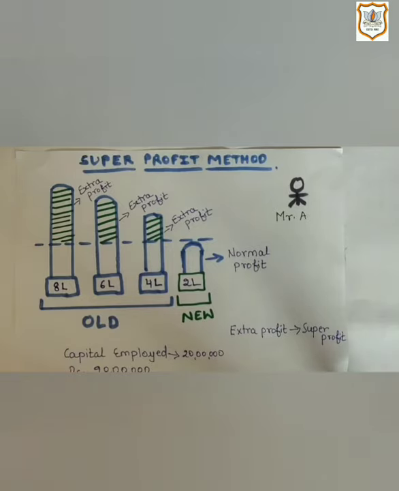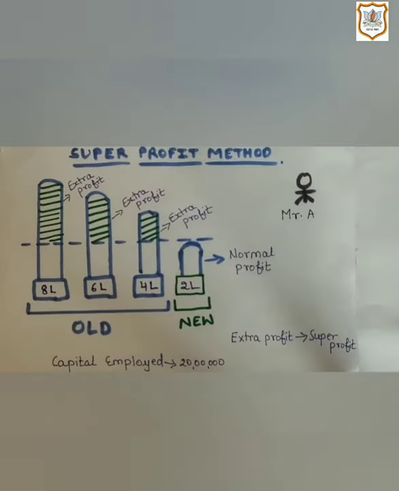So to do that, he has to own a business. So he has two options, either to purchase an old existing business or create a new business from nothing. Means he can invest the capital and start his own new business. In this way, he has two options.